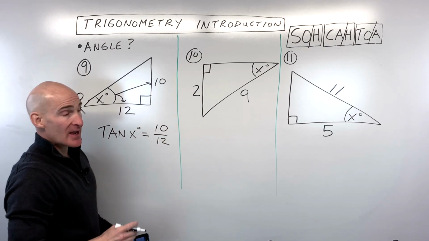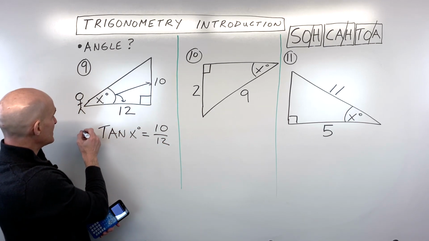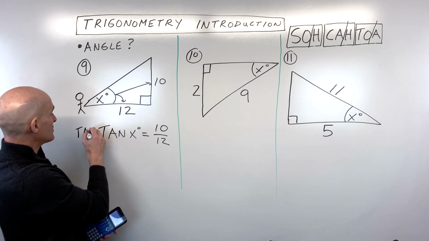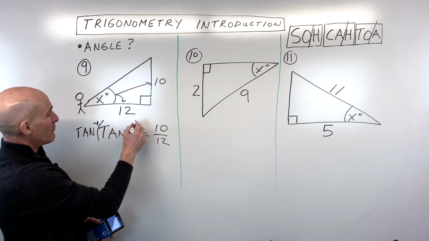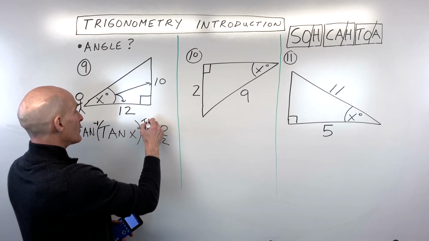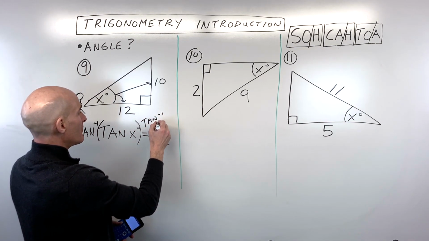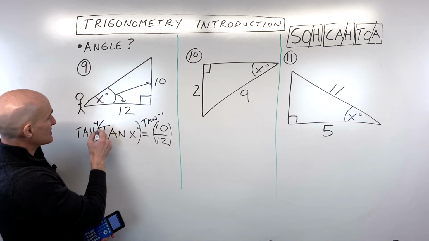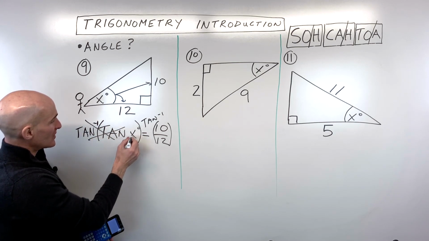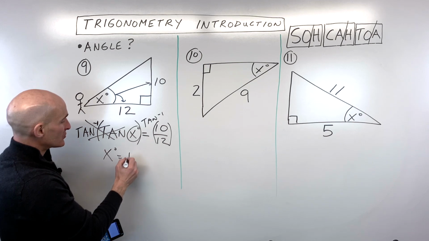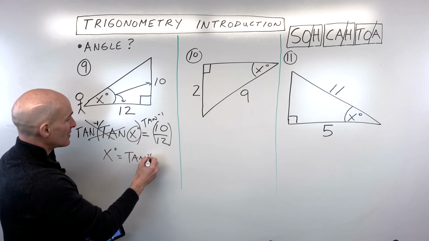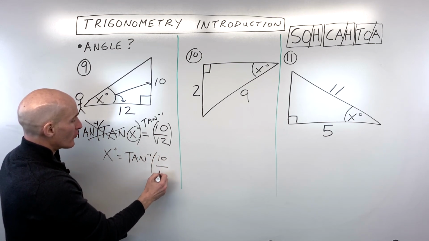We want to get x by itself, so what you can do is take the tangent inverse, which is represented by this little -1 here, of both sides of the equation, and what happens is these undo one another, so it gives us our angle by itself. So x degrees is equal to the tangent inverse of opposite over adjacent.